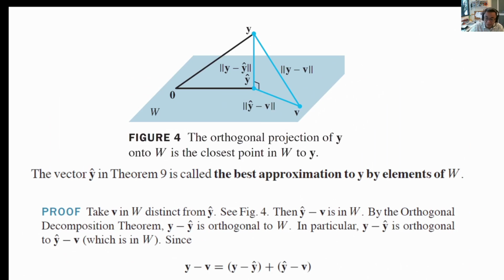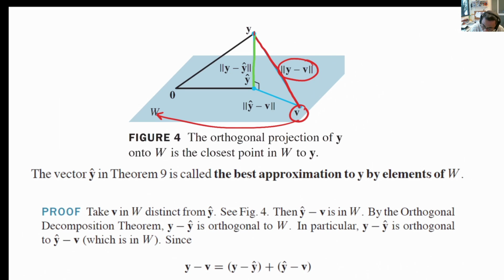Here is a graphical proof of the best approximation theorem. This is y, and this is the space W. y hat is the orthogonal projection of y onto W, so we have a right angle here. If we use any other point v on the space W to approximate y, then its error is this vector over here, y minus v.